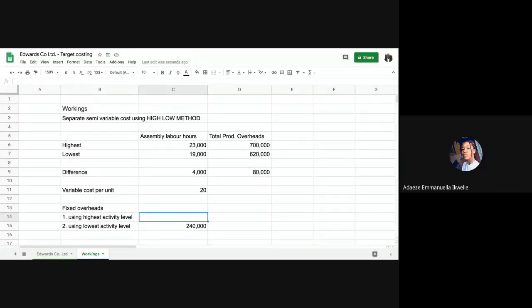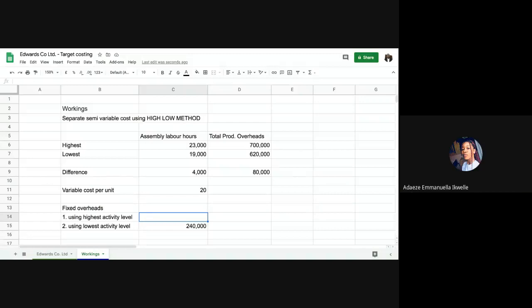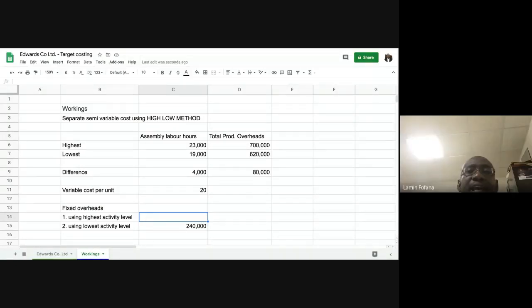Sorry, I'm not totally in class. My connection is having some issues. Oh, okay. I'm just going on and off. So what was the question? I said, Mane just gave us the formula to calculate the fixed overhead using the lowest activity level. Can you give us the formula to calculate the fixed overhead using the highest activity level?